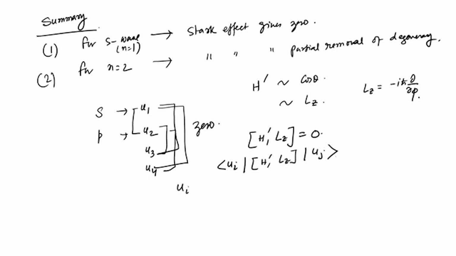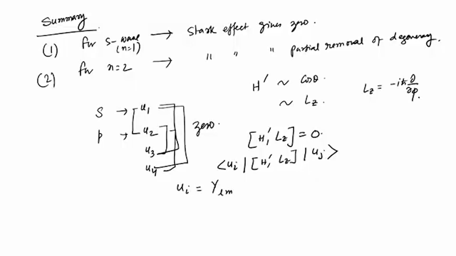So, let us say Ui is like Y L M, LM sorry, not ML. I mean, sometimes because of the other quantum number J corresponding to the total angular momentum, we use MJ, but that is not the case here. And then the other one is like the Y L prime M prime. Okay.